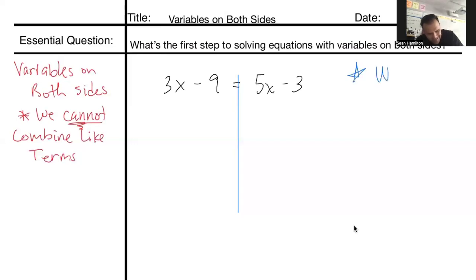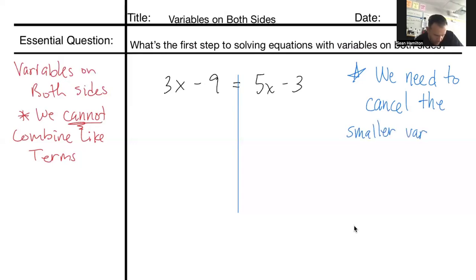We need to cancel the smaller variable coefficient.